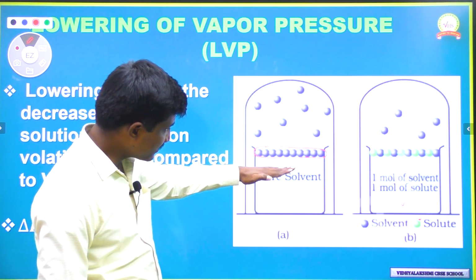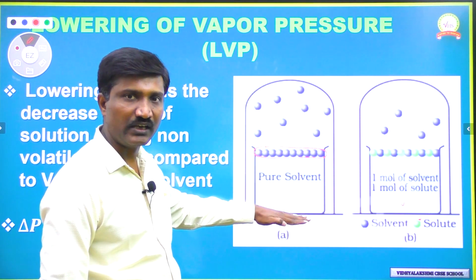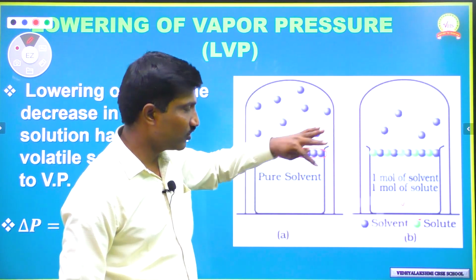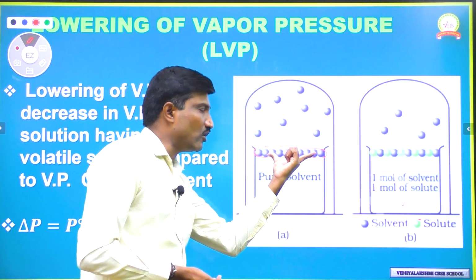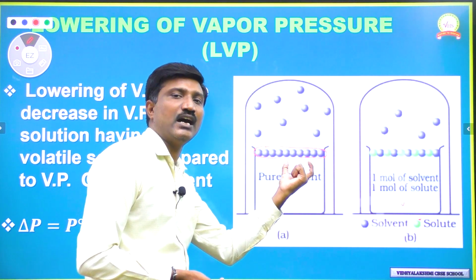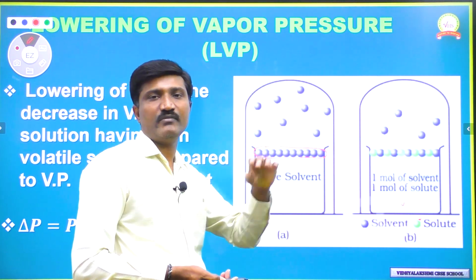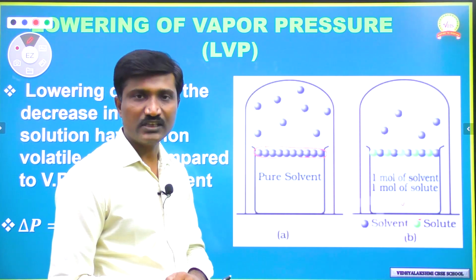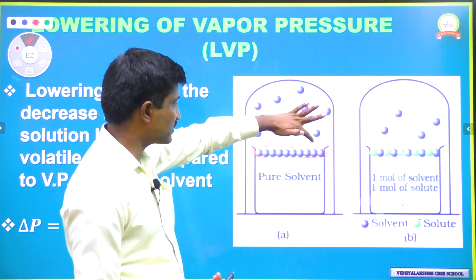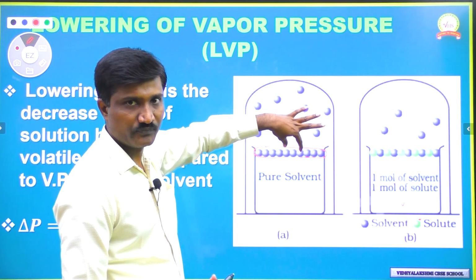The part below is the bulk of the liquid, and the upper part is the surface. Depending on how many molecules occupy the surface, that many liquid molecules enter into the vapor state. So the volatile nature depends on surface molecules.